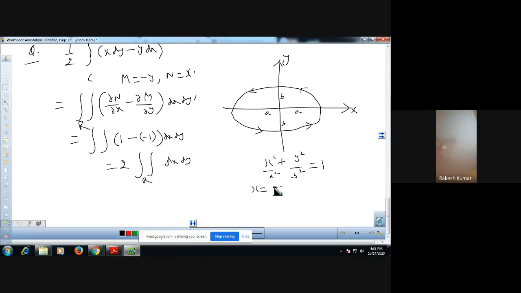For this we can substitute x = a cos theta, y = b sin theta, and you can get the values. On the left-hand side, it is clear, this is the area of a plane curve, and the plane curve is the ellipse.